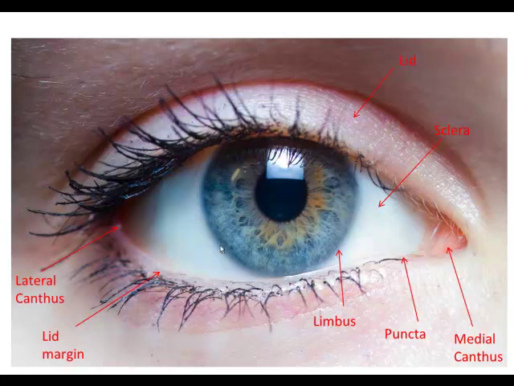You might be able to describe a subconjunctival hemorrhage that reaches all the way to the limbal edge, and so that's what you would be talking about, the limbus. The colored part of the eye is called the iris, and then of course this space through which light passes is called the pupil.